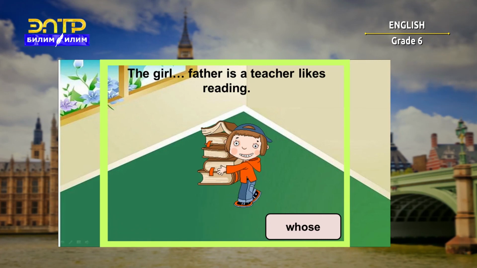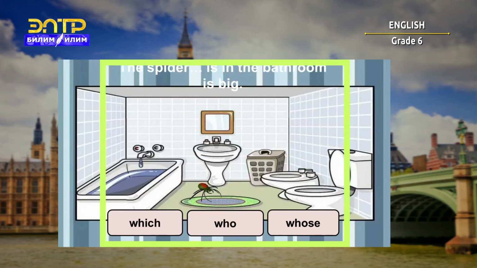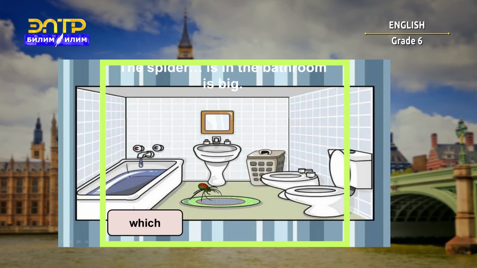The girl, whose father is a teacher, likes reading. The next. The spider is in the bathroom is big. Okay, let's check. The spider, which is in the bathroom, is big.